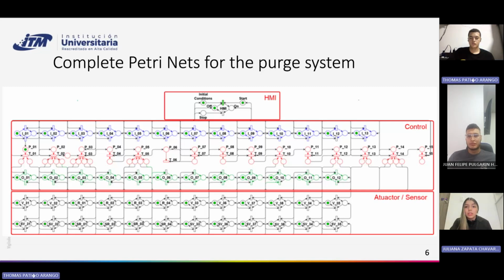With this model, the authors could simulate how the system works before building it in real life. This helps to find problems, understand how components interact, and make sure the process is safe and efficient. So this diagram represents the full operation of the system through Petri nets. Next, please.